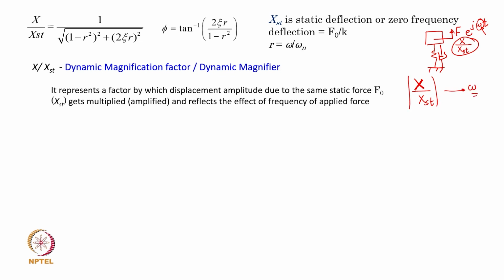But before I do that, a very important assumption involved here is that this force F naught is a constant value. That means, keeping F naught constant, if I simply change the frequency, what will be the effect on the response amplitude capital X.